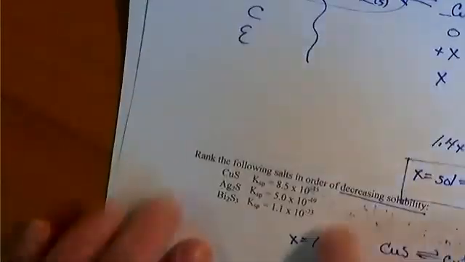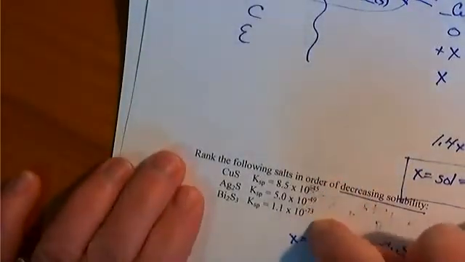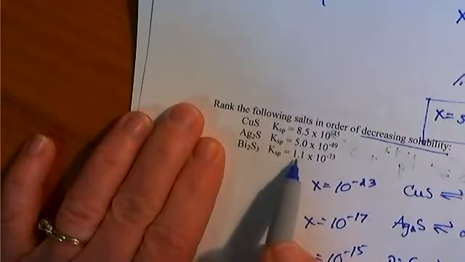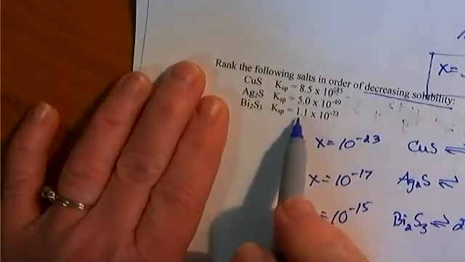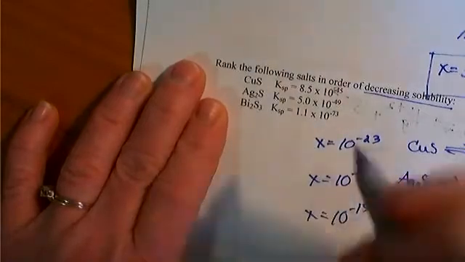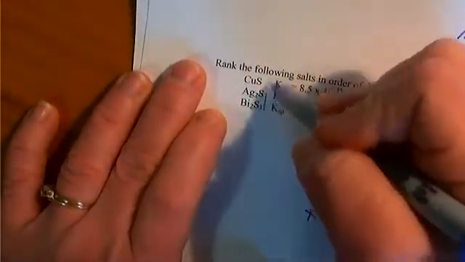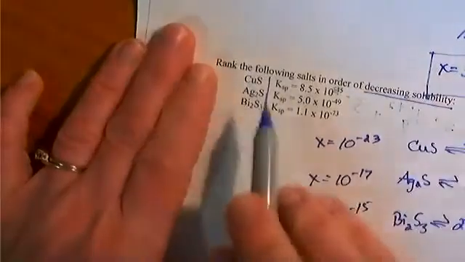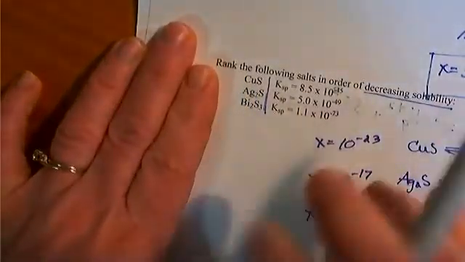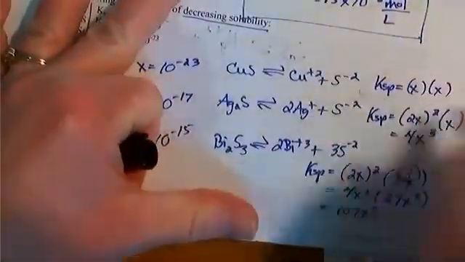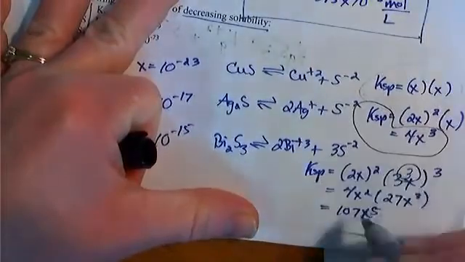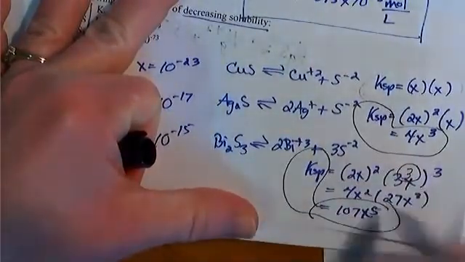So at face value, it looks like this is such a small value, so we would just naturally want to say this is the least soluble. But we can only directly compare Ksp values if the dissociations are exact, and then we end up with the same kind of solubility and Ksp expressions.